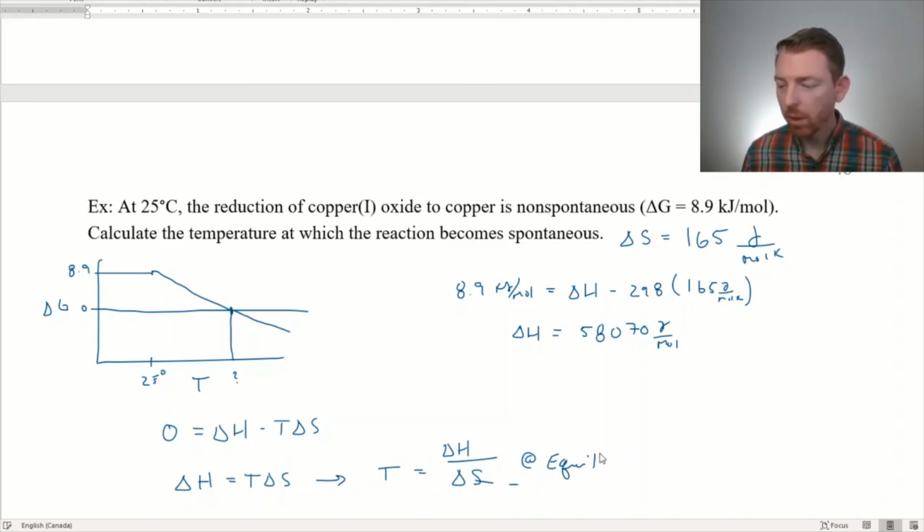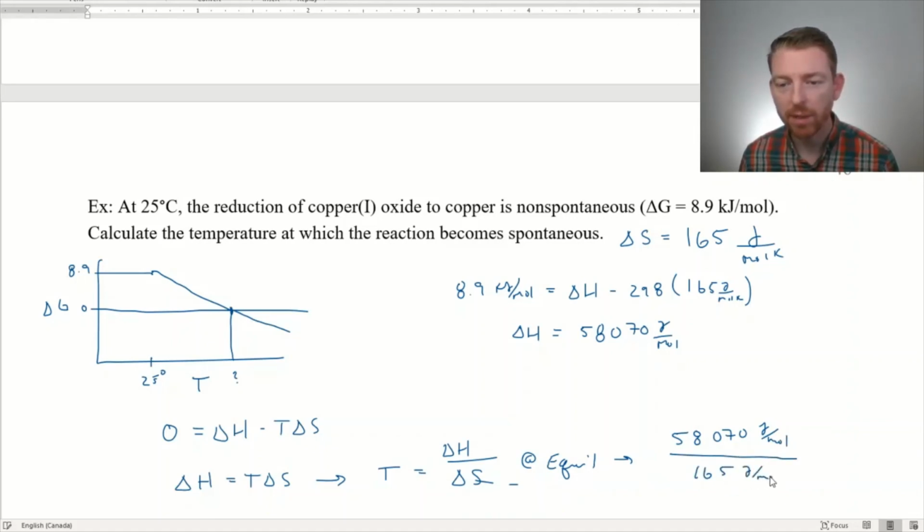Okay, and we know these quantities already, so we can just fill that in, that this is 58,070 joules per mole over 165 joules per mole Kelvin. And there's our Kelvin because we wanted that to show up again for our units.